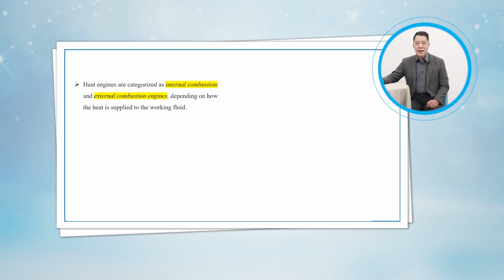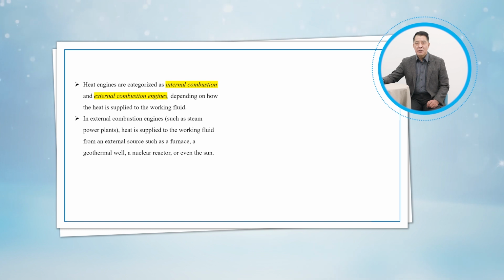Heat engines are categorized as internal combustion and external combustion engines, depending on how the heat is supplied to the working fluid. In external combustion engines, heat is supplied to the working fluid from an external source such as a furnace, a geothermal well, a nuclear reactor, or even the sun.